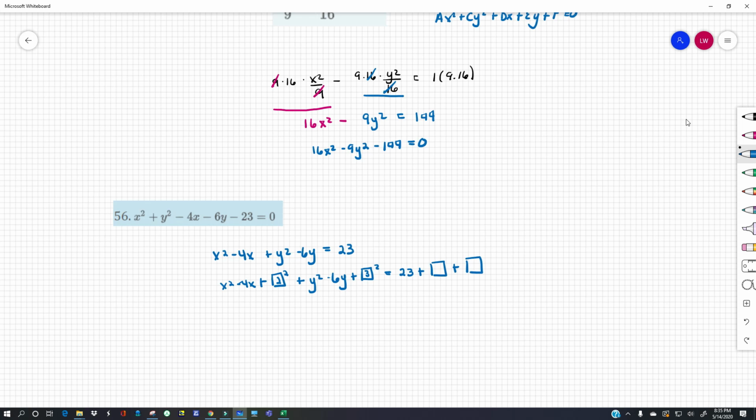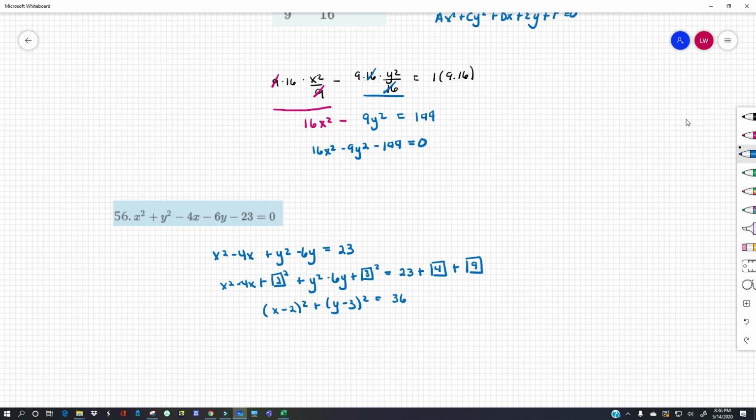No need to multiply by a number because the coefficients were 1. 2 squared is 4, so I've got to put that there. And 3 squared is 9, so I've got to put that there. So what I have here then is x minus 2 quantity squared plus y minus 3 quantity squared is equal to, so what we have is 23 and 4 is 27 and 9 is 36.